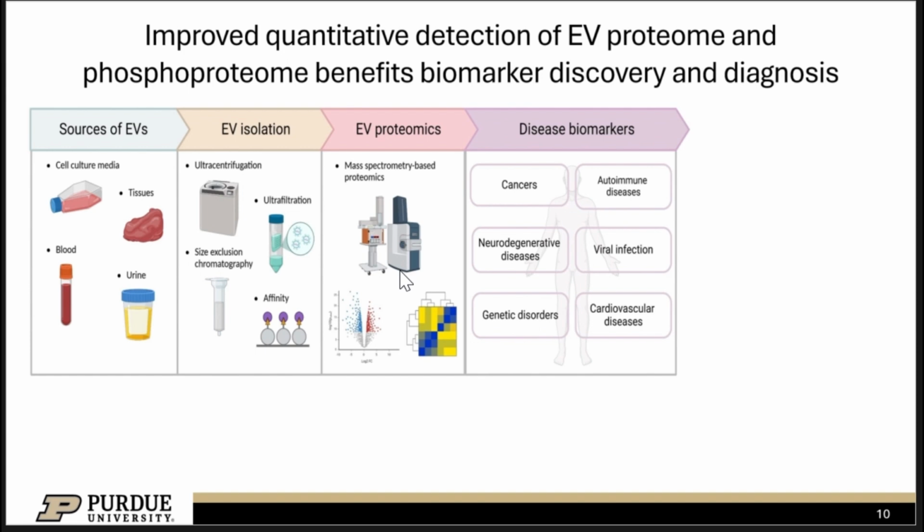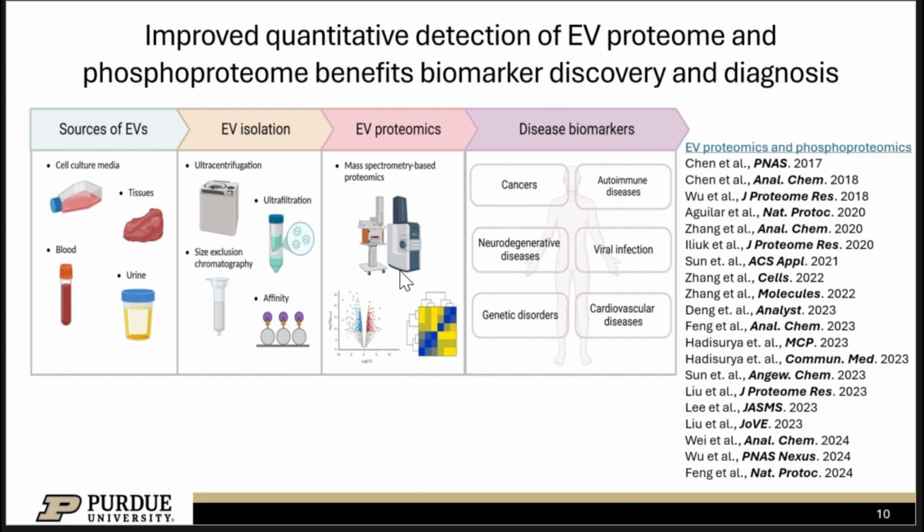In this step, we typically use ultracentrifugation or other methods like affinity-based methods to remove the contaminants from the samples and enrich EVs from the samples. After that, the enriched EVs can be further subjected to sample prep for EV proteomics. And then after that, we can identify some significant targets for potential disease biomarkers, to be further validated.